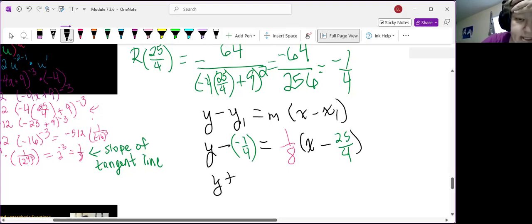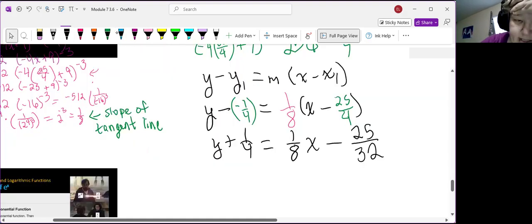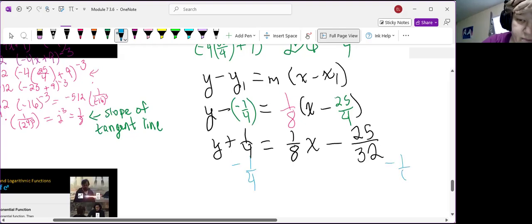So this is y plus a fourth equals 1/8 of x minus 25 over 32. And then I'm going to minus the 1/4, which is going to require common denominator. So we'd multiply that by 8 over 8, or just use the calculator.